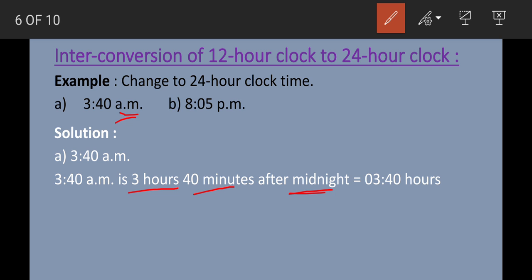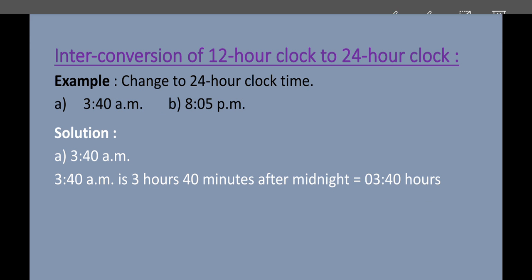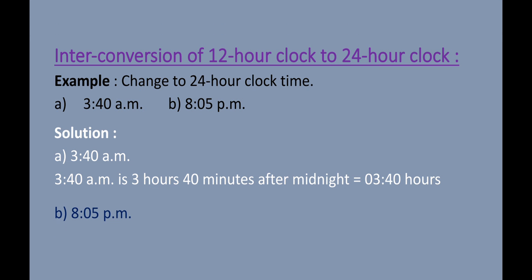We can write this in the 24-hour clock as 03:40 hours. Whenever the time is given in a.m., no need to change it, we just put the colon and convert the a.m. to hours, to represent it in the 24-hour clock. Clear all?